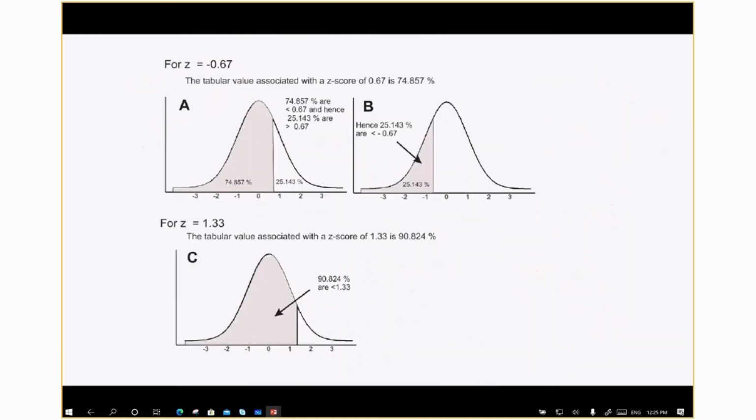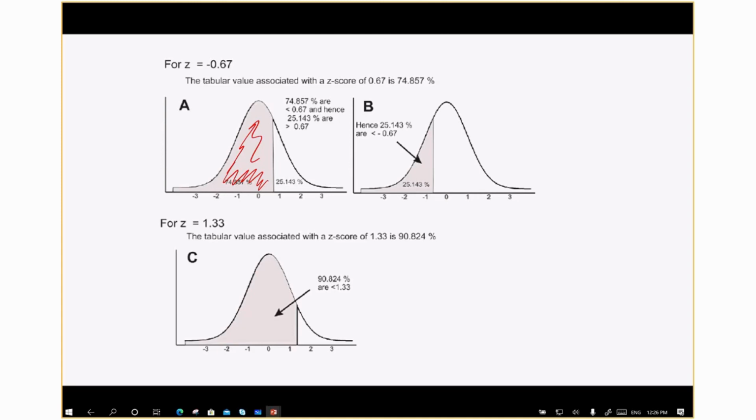So, what we just saw was that if a z-score was positive 0.67, then 74.857 would lie in here. And then obviously if 74.857 lay within here, then 25% or 25.143% would lie out here. But again, what we're interested in is not a positive 0.67, but a negative 0.67.